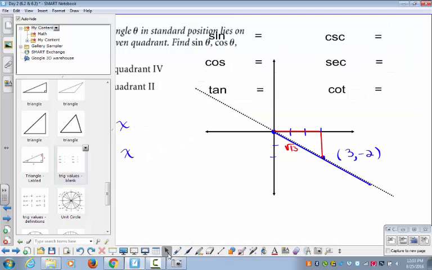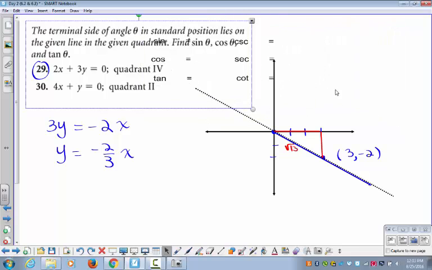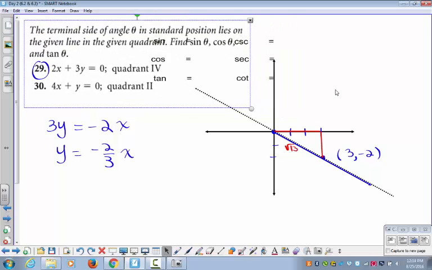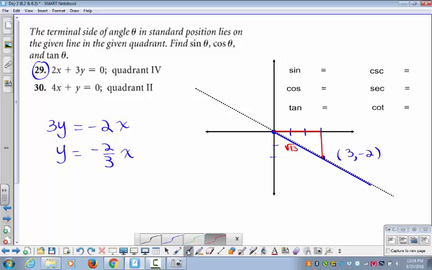The trig function values for this angle, we're calling this just theta. And they just asked for the first 3. So what's sine of theta? Negative 2 over root 13.